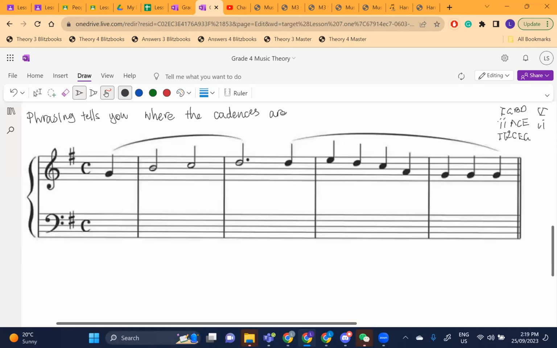So there's a cadence here, and a cadence, and a cadence here. By the way, that's a planar cadence.